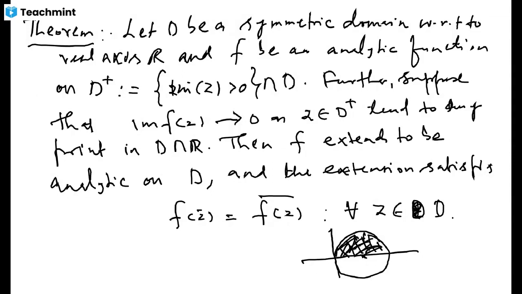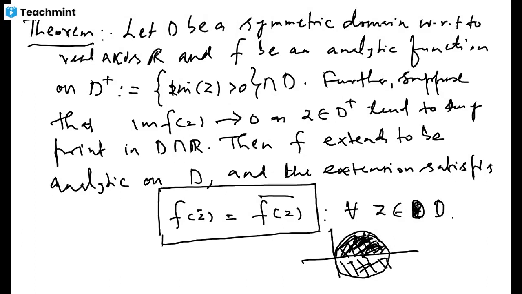And this property of the domain being symmetric helps us to extend this function to be analytic on the whole of the domain D, and this extension, once defined, has this beautiful identity, where the image of the conjugate comes out to be the conjugate of the image.